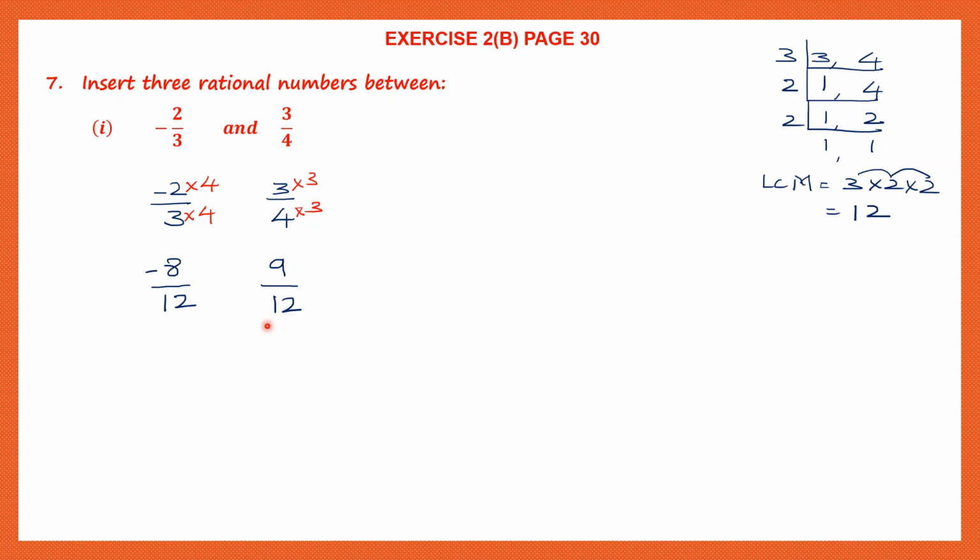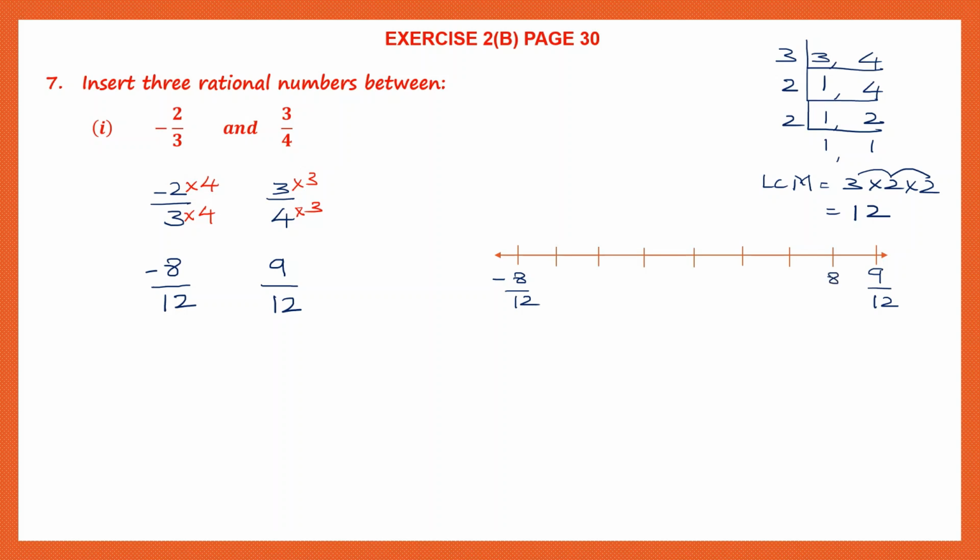So now, just to help you understand this better, we will go on to a number line. Let me draw a number line for you here. Now, let me write minus 8 by 12 here, and we'll have 9 by 12 here. Now there are many that can come in between. There are many other rational numbers that can come in between minus 8 by 12 and 9 by 12.